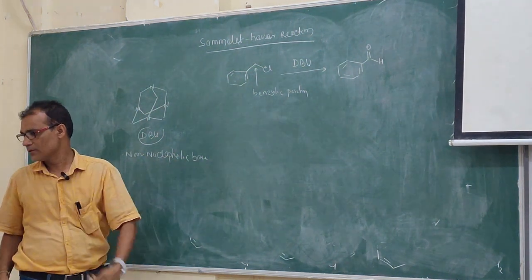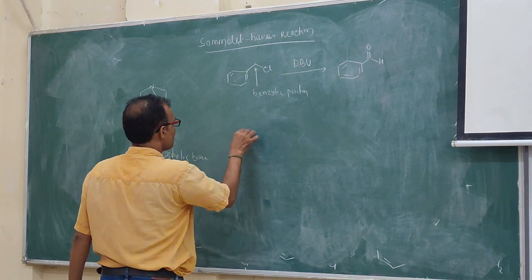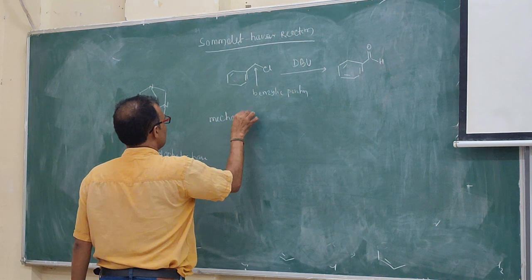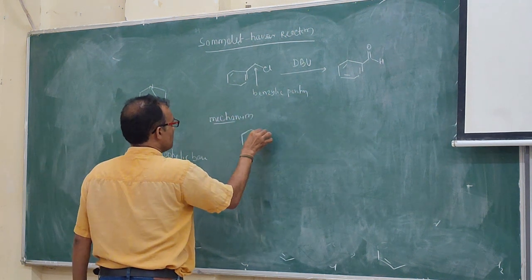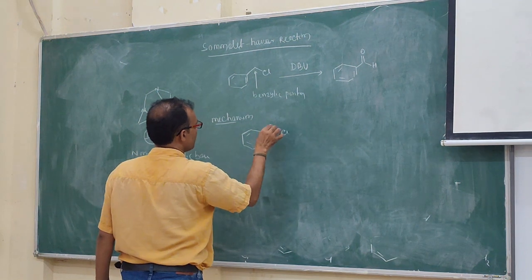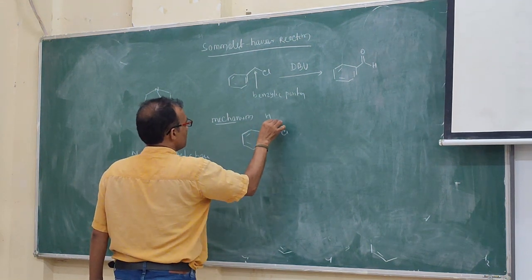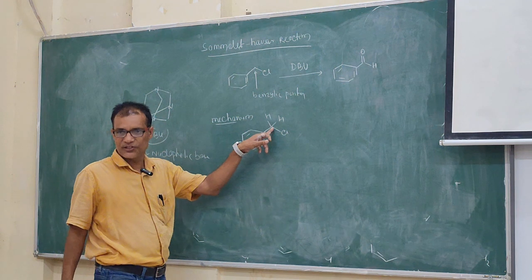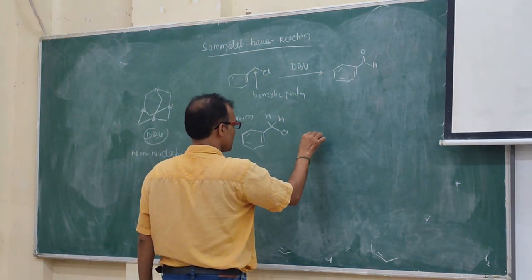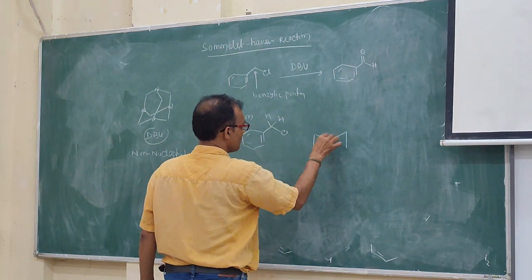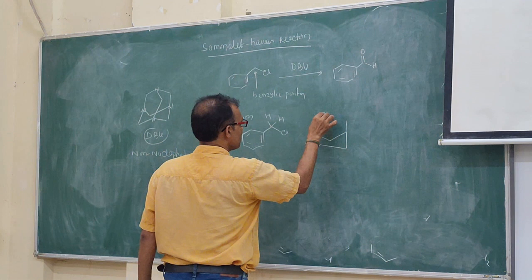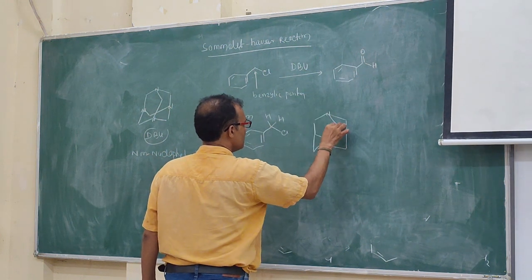So you have the mechanism. You have this benzyl chloride. That means you have 2 hydrogens in that position. Am I correct? So you are taking this nitrogen, this nitrogen.